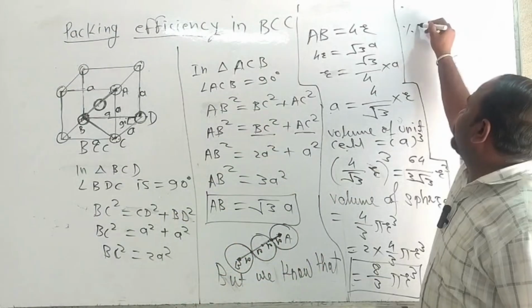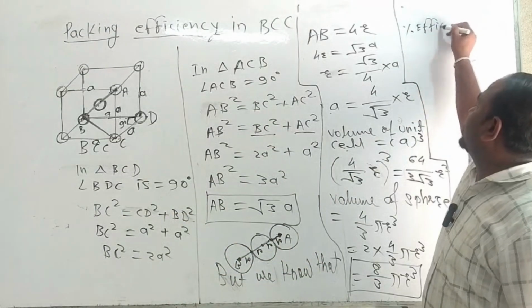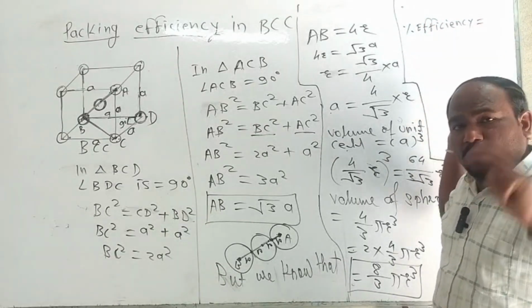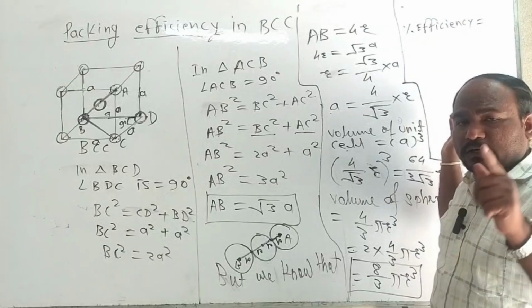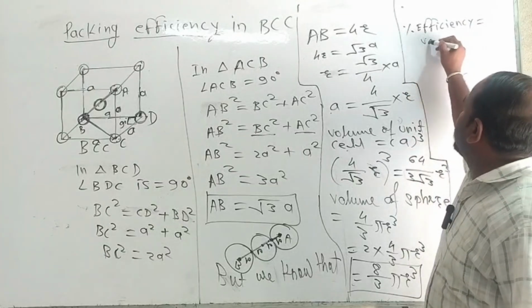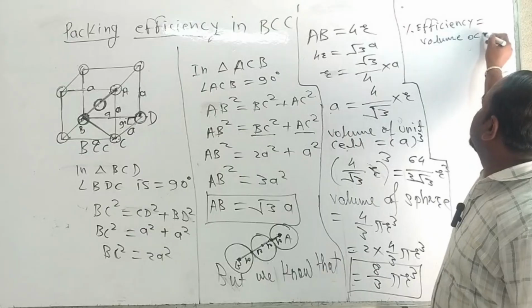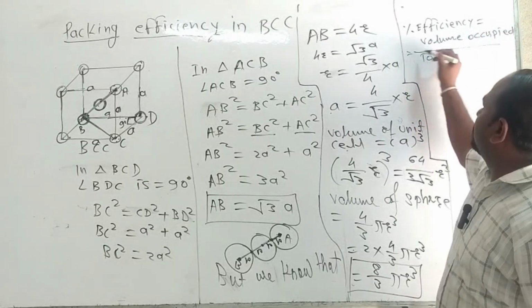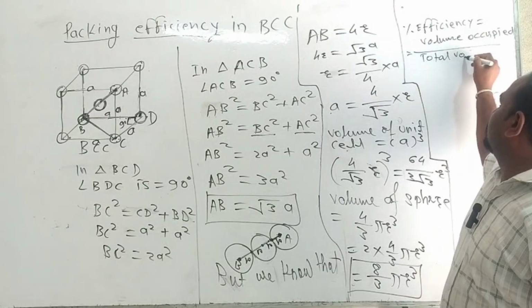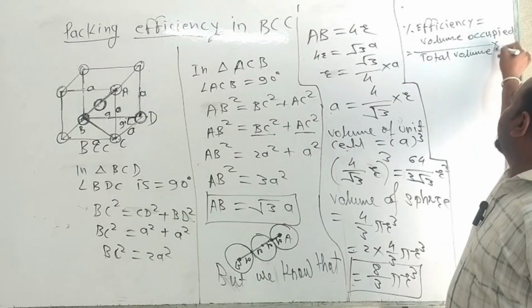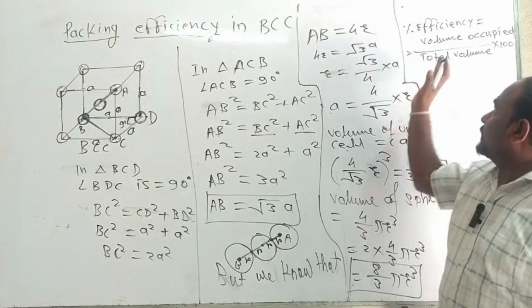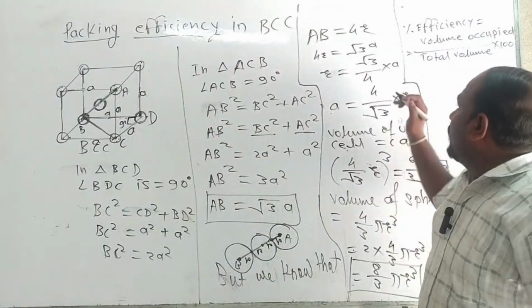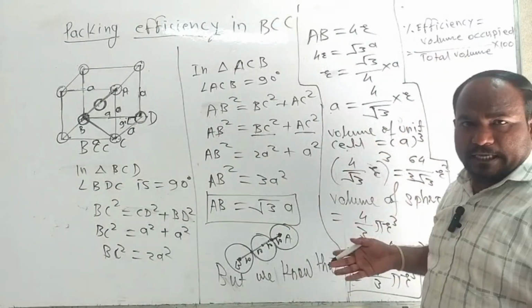We know that percentage efficiency is equal to volume occupied by spheres upon total volume of unit cell, multiplied by 100. Okay. So this is the formula to calculate packing efficiency. Now put these values which we have already calculated.